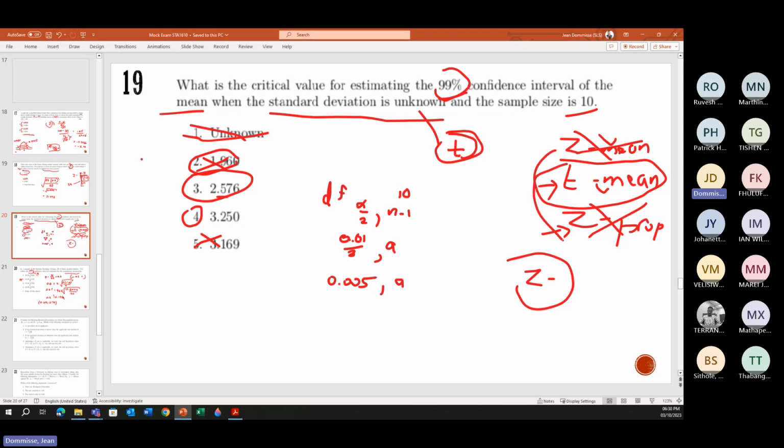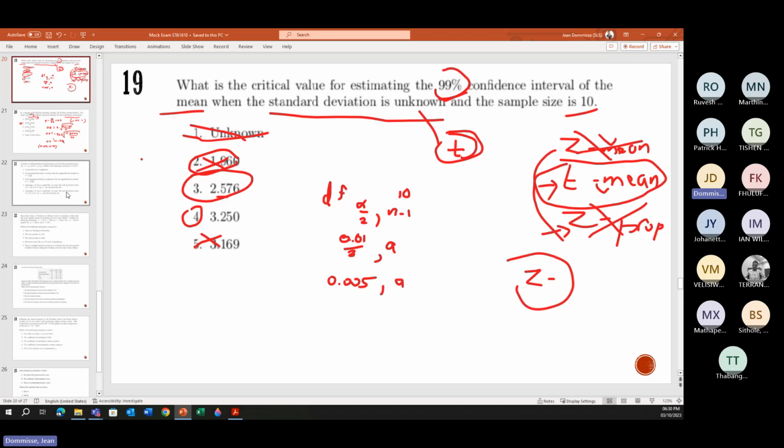If you think of your assignment, there was a T in there and a Z with a proportion in there. It would have been interesting to know what was in your mock exam, but probably again a T and a Z with a proportion. That is how it will pan out, but don't automatically go for T with a mean, just make sure the standard deviation is unknown.